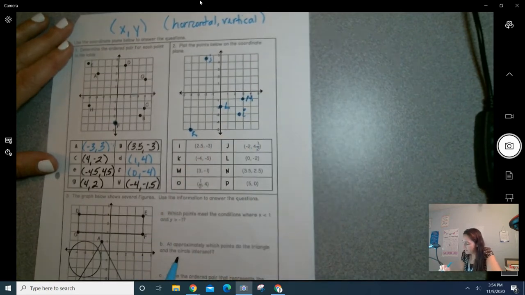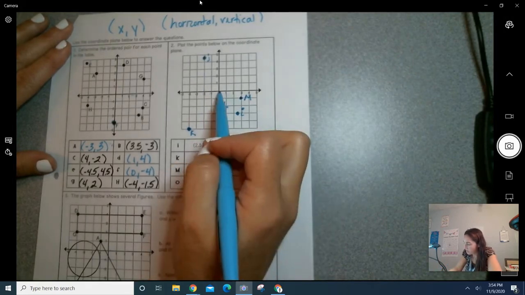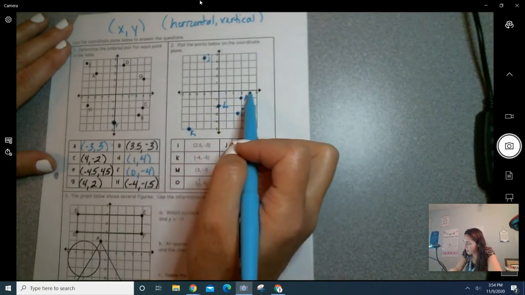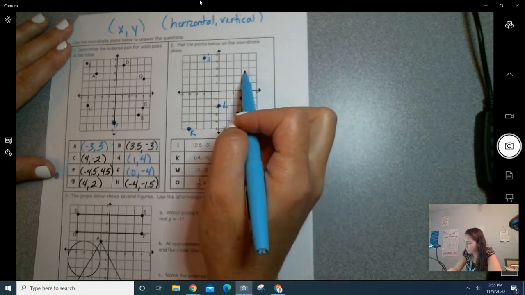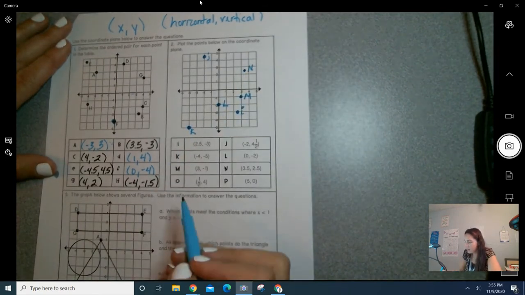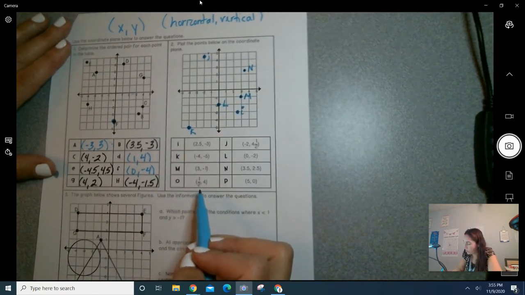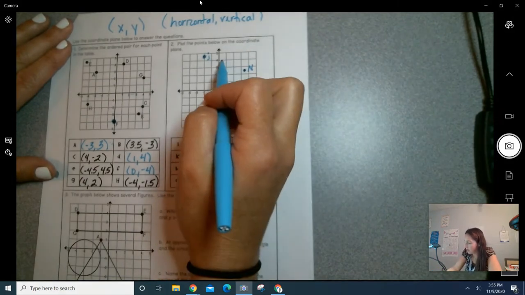That's M. N was 3.5, 2.5. So you start at the origin, you move to the right 3.5, and then you would have moved up 2.5. So N would be right there. O is 1/2, 4. So you're going to go 1/2 to the right and then up 4.